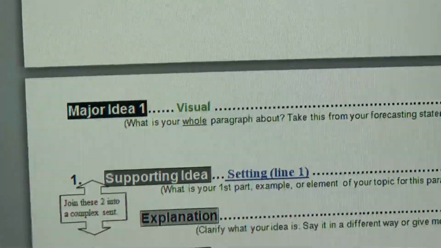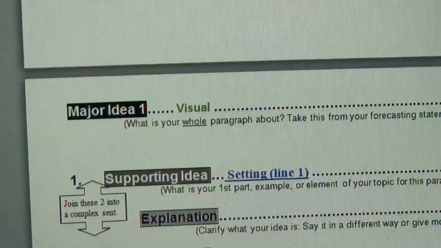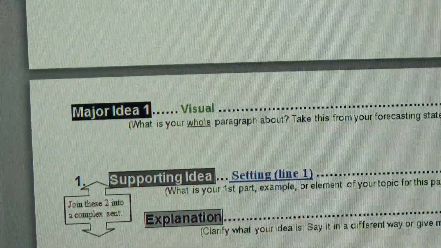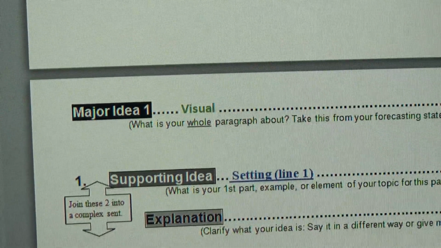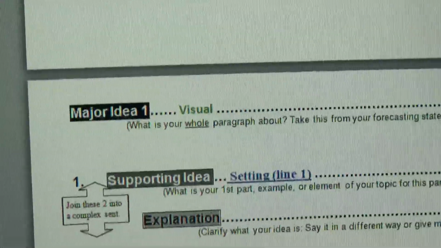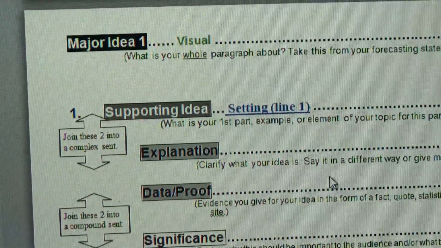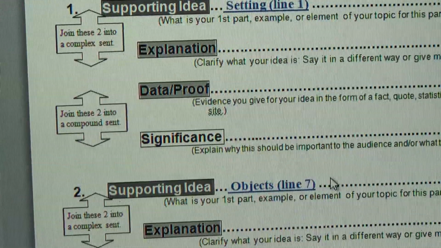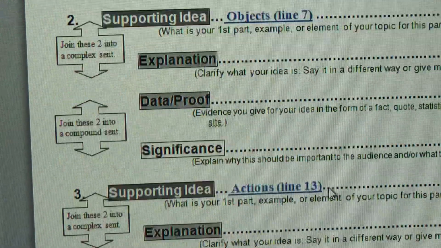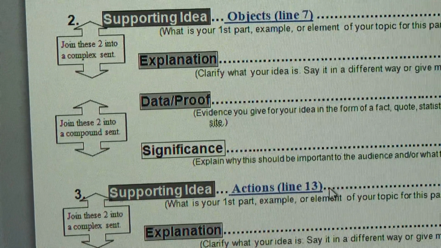Major idea number 1, top of page 2. Then I steadily move over the rest of my supporting ideas. I have setting with the line 1 quote, objects with the line 7 quote, and actions with the line 13 quote.